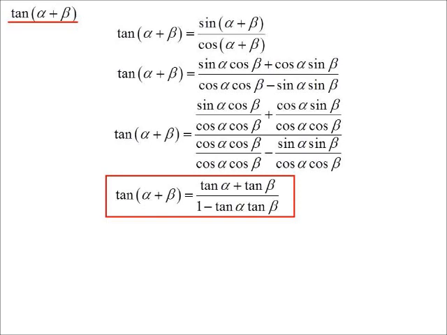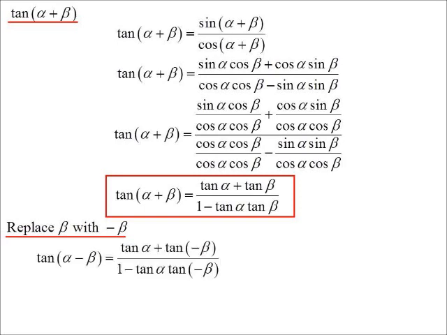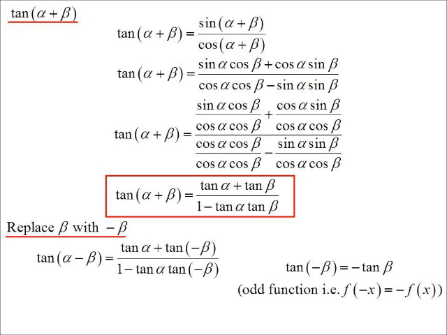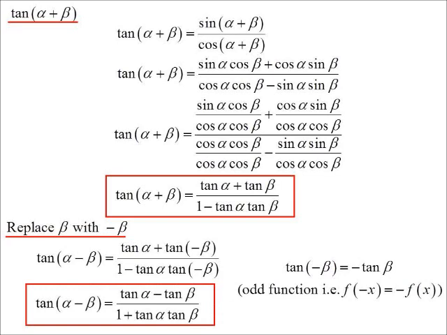Easy. Now, let's replace beta with minus beta and see what happens. This time, tan, odd or even function? Odd. Therefore, tan of minus beta is minus tan beta. So let's change those up. And we get, this time, tan minus tan on 1 plus tan tan.